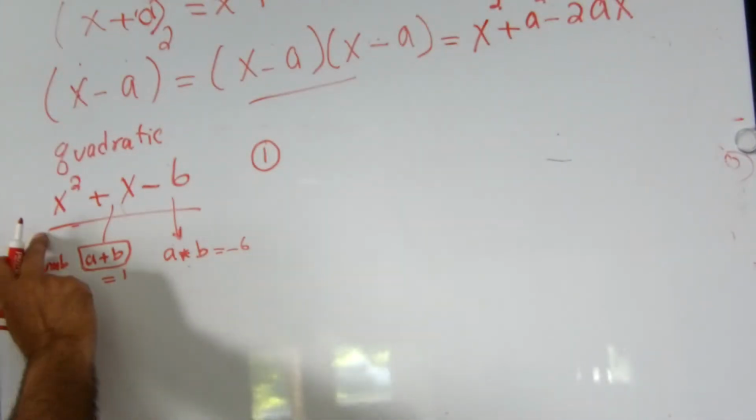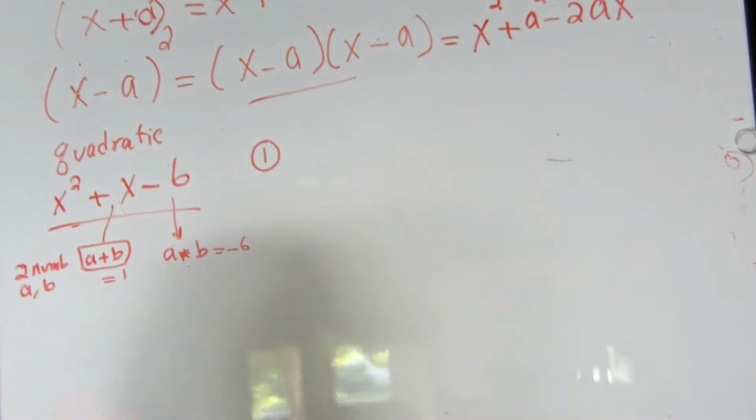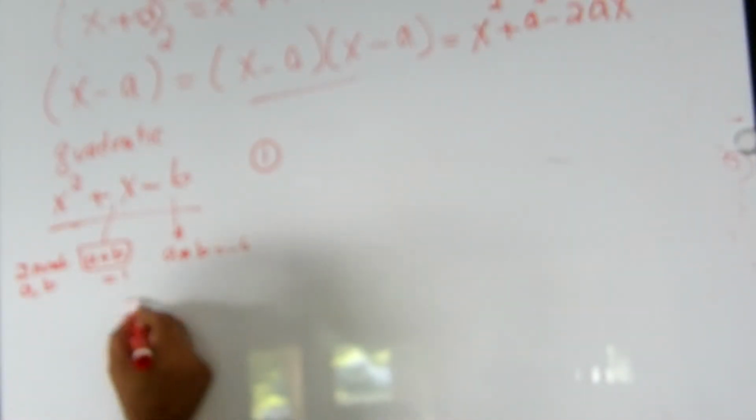So from this one you can find what those two numbers are. What are those two numbers that, if we multiply them together, give minus 6? We have some options. It could be minus 6 and plus 1, because minus 6 times 1 is minus 6. Or vice versa, plus 6 and minus 1.